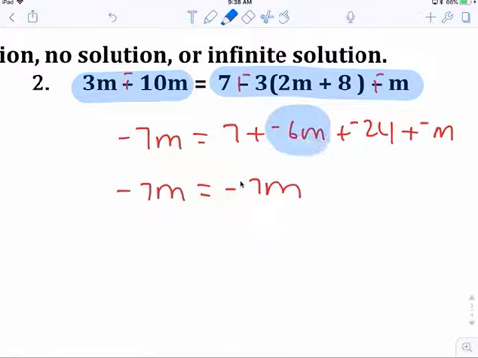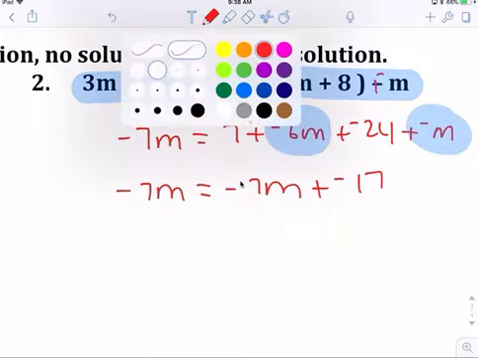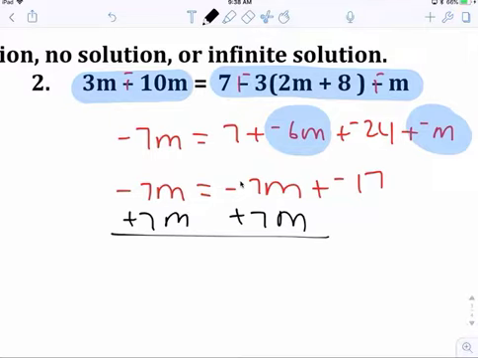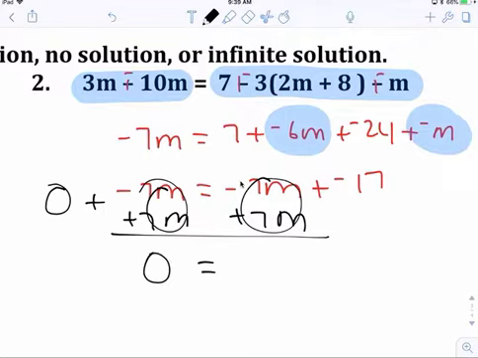Combine these that are alike, and that is plus a negative 17. Okay, make 7m equal to 0, add 7m, add 7m, that's 0, that's also 0. That's 0 plus negative 17 is negative 17, no solution.